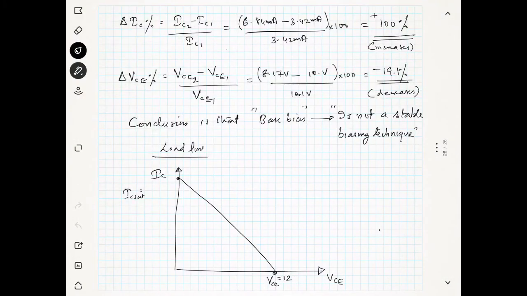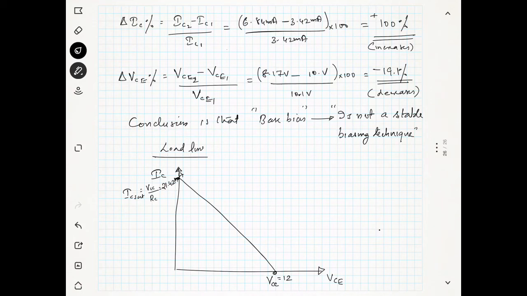So it is nothing but 21.4 milliampere. So you will get VCC over RC, which is nothing but 21.42 milliampere.